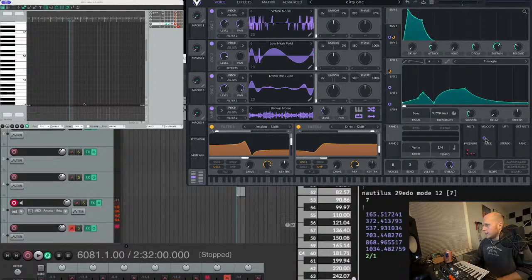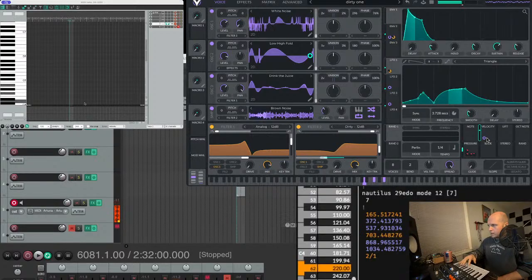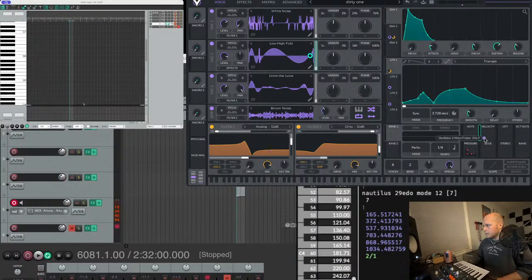The reason I decided to keep that is because when I bypass it, when I didn't have it on, I don't know, it just sounds more disconnected from the distortion, I guess.